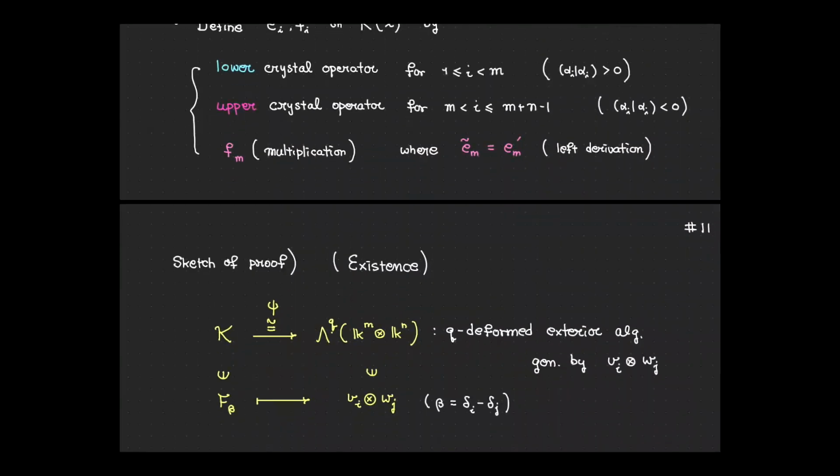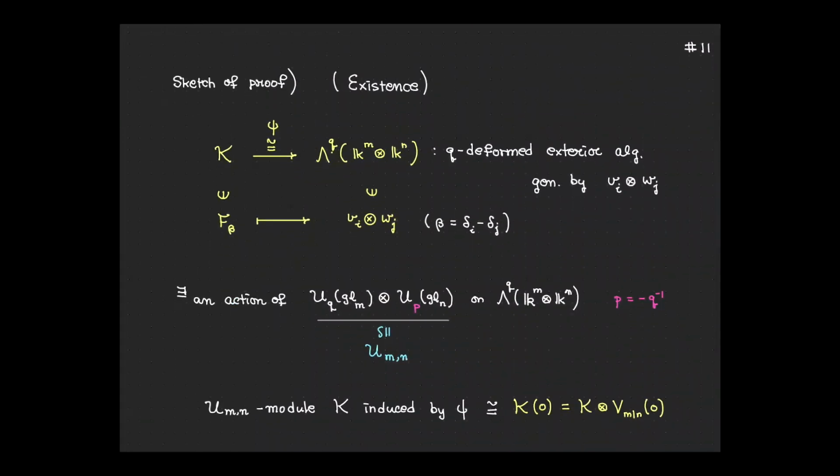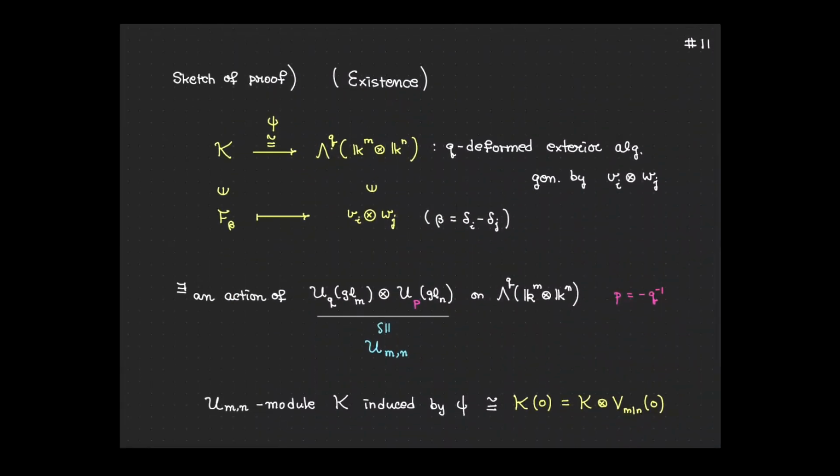Okay, so let me give a brief sketch of the proof. Let me first talk about the existence of a crystal base. So let's first consider some general facts related to our subalgebra K, which is generated by the other root vectors.